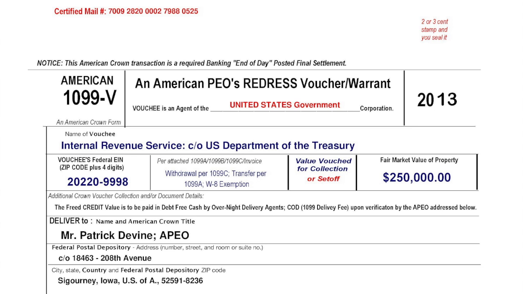When did Daniel go to the Medes and Persians and tell them that they had to release the Israelites to go back to Israel? After 70 years.